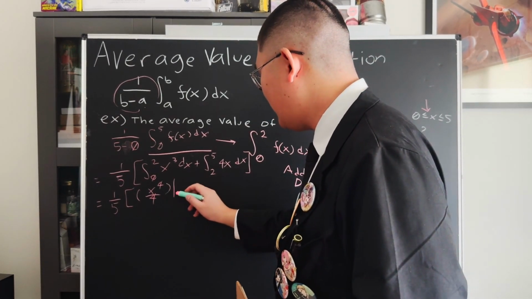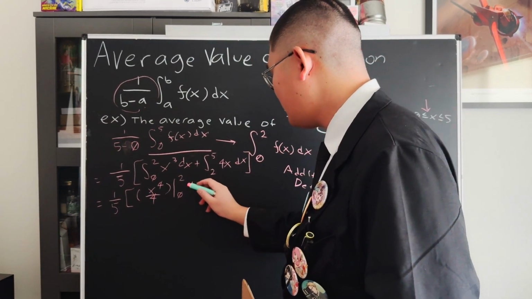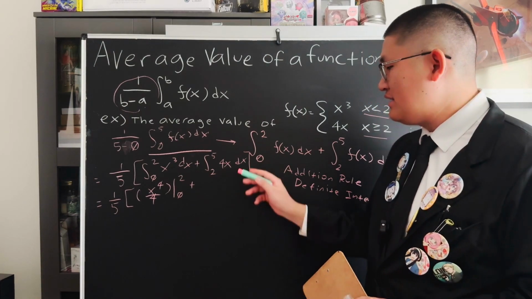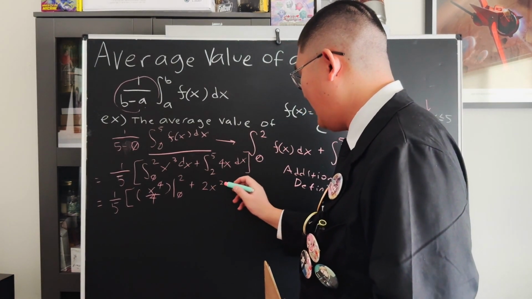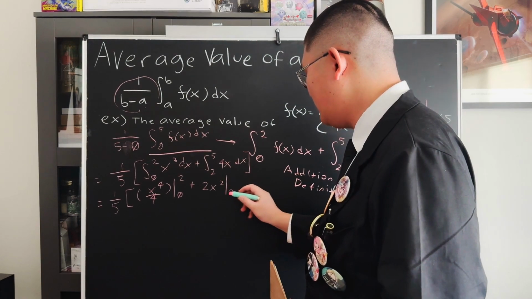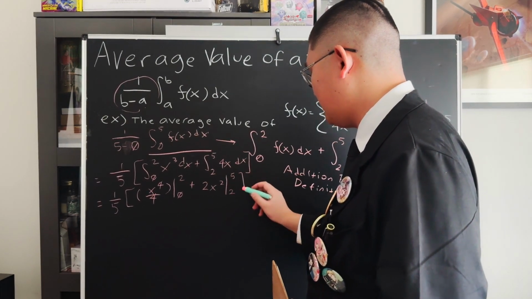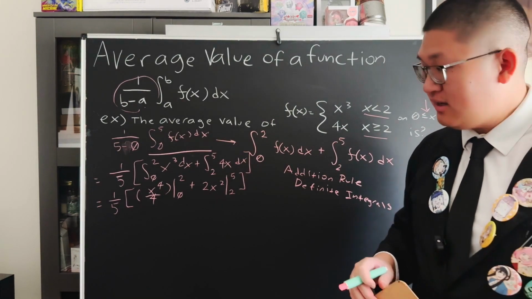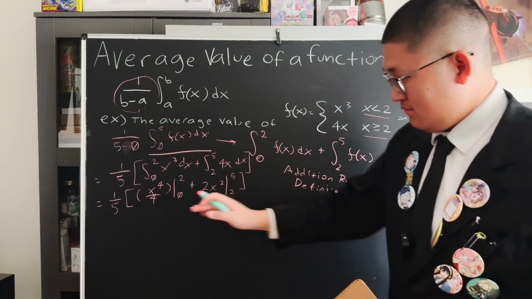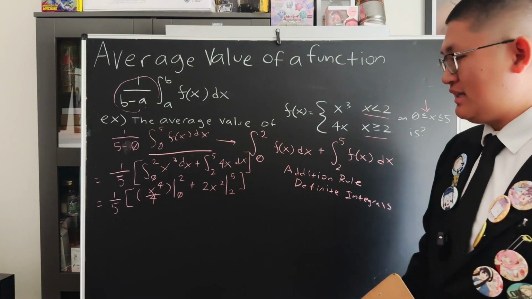And we must evaluate those limits from 0 to 2. And the same will happen this time here with 4x, meaning that we get 2x squared as the result of that integration, with the limits going from 2 to 5. Okay, making sure we keep those parentheses on the outside such that that 1/5 will be multiplied at the end.